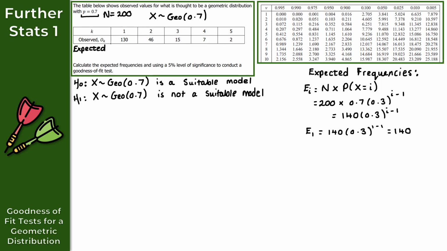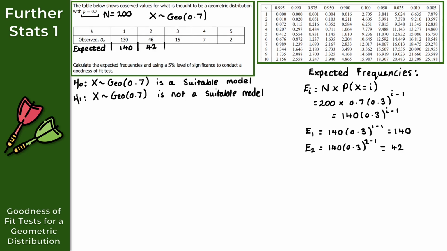I'll do one more, and then I'll just give the rest to save a little bit of time. So E2 would be 140 times 0.3 to the power of 2 minus 1, so 0.3 to the power of 1 times 140. 140 times 0.3 gives us 42. So my next expected frequency is 42.